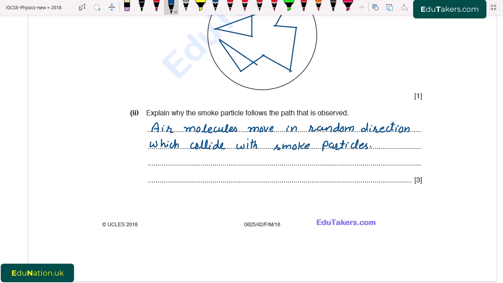These particles cause a change in their direction.